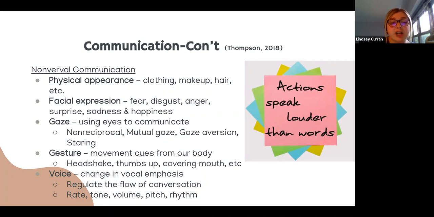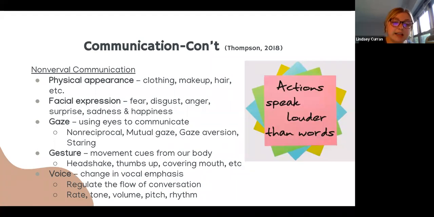The next one is gesture, which are movements and cues from our body that communicate a certain desire or yes or no things. Those are things like head shakes for yes or no, thumbs up meaning everything's okay, covering your mouth when you are shocked or surprised, to name a few.